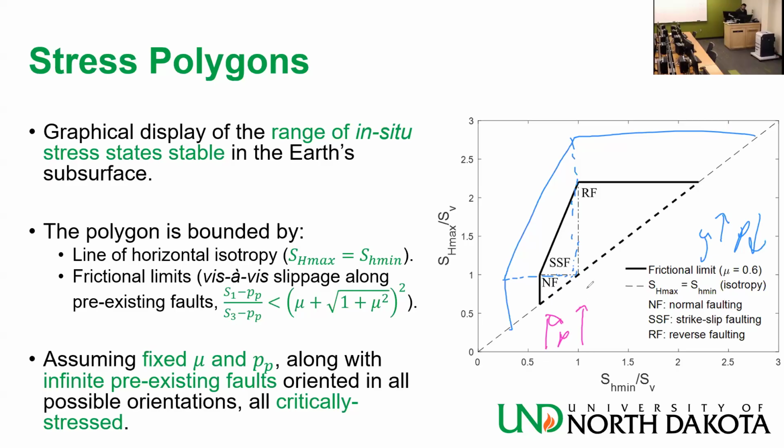If pore pressure increases or mu decreases, we get a smaller one. So obviously, the smaller the polygon becomes, the range decreases. But still, I have more reverse faulting stress states that are possible to exist stably in the subsurface compared to strike slip and normal faulting, which is the surprising aspect that I mentioned earlier.